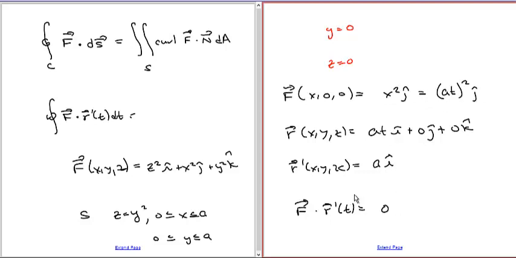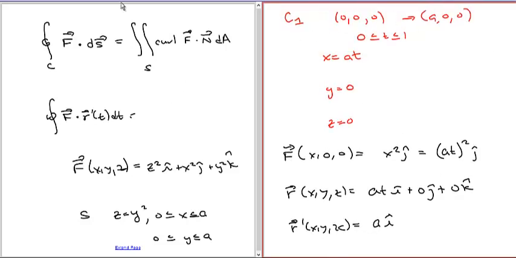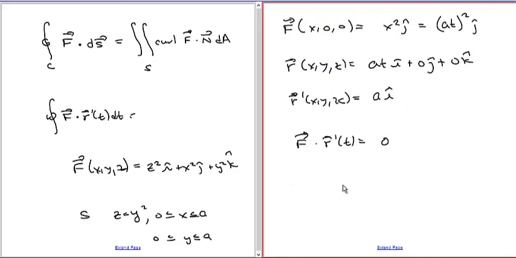So we get that for this first curve, the line integral, so we'd integrate from t equals 0 to 1 of f dot r prime of t dt is 0, because this dot product is 0.